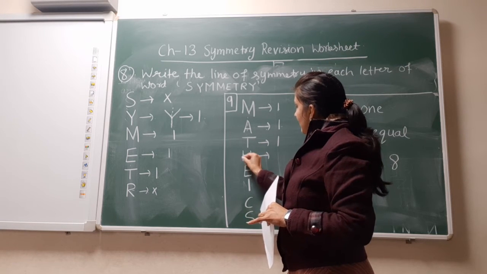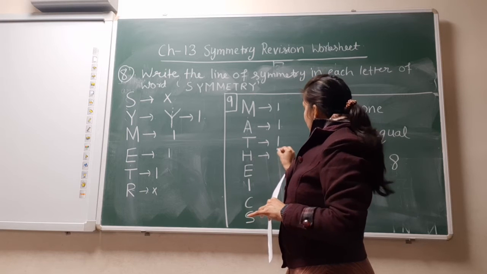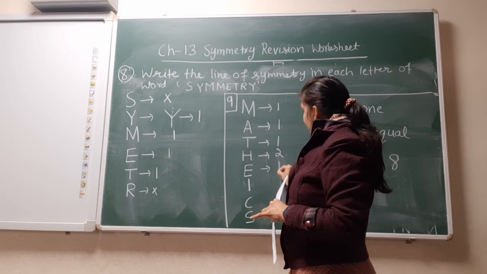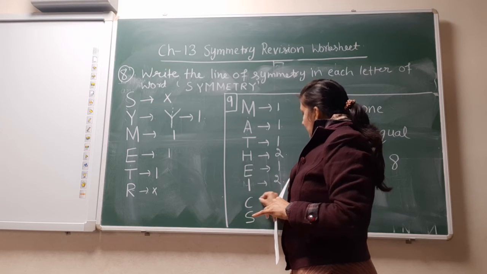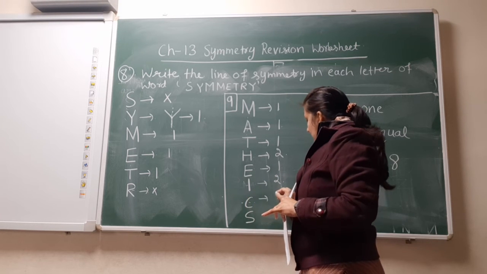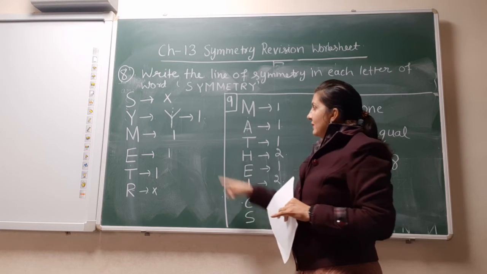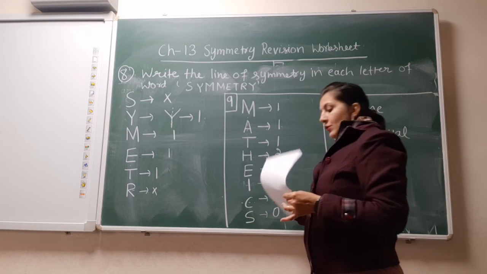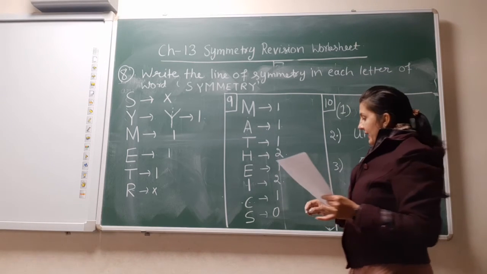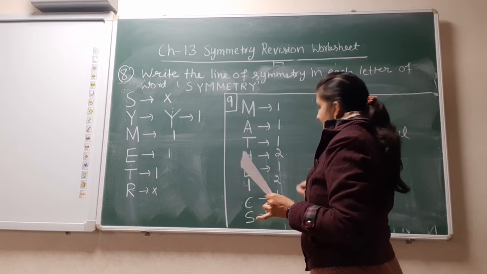H has both this and this, two lines of symmetry. E has one line of symmetry. I has both vertical and this, two lines of symmetry. C has this vertical one line of symmetry. But S, as we have discussed, has zero lines of symmetry. So our answer is S.